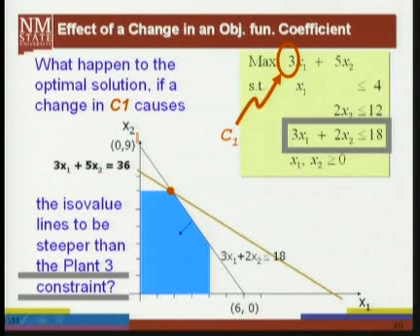Then what happens to the optimal solution? Does the optimal solution remain the same, or does it change? It's going to change, right? Is that what you're saying? Then how much does it change?